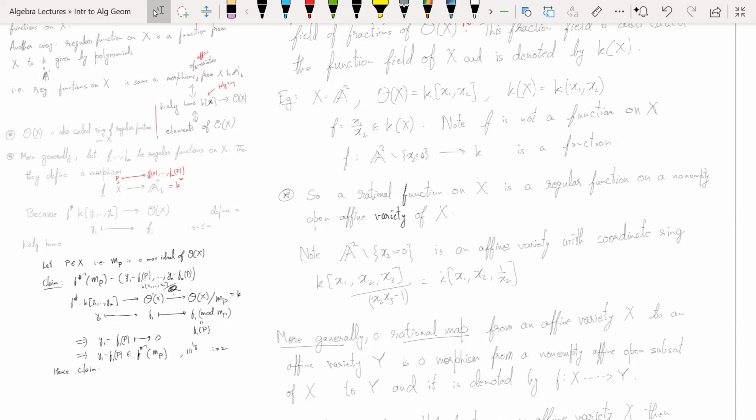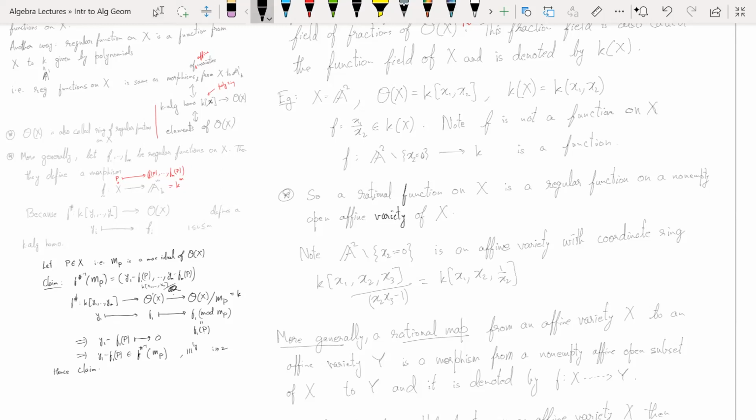And so what is an affine variety? It's a topological space together with some ring of regular functions, so that we can think of it as a closed subset V of some affine space, cut out by a prime ideal.